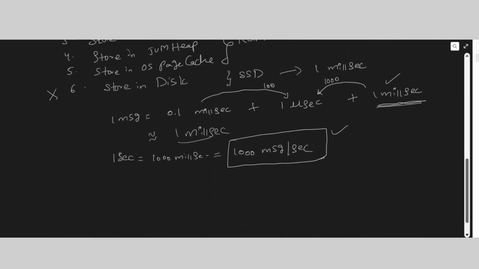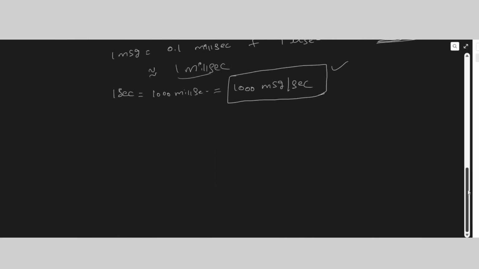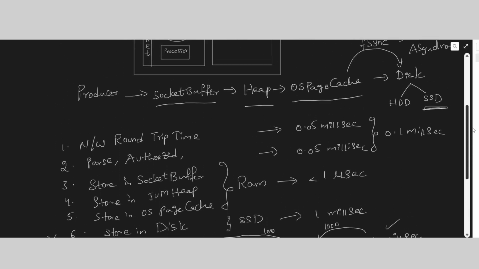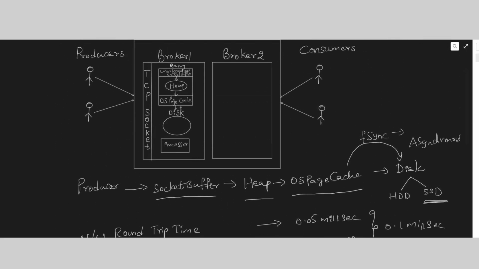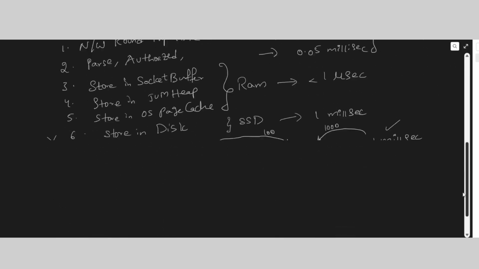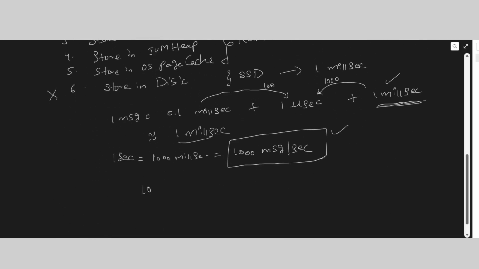But what is the problem here? For example, let's say a restart happened inside broker one. I'll take some example. For example, at 10 o'clock, 00 minutes, 00 seconds, 0001 second, 001 millisecond, the producer sends the message.